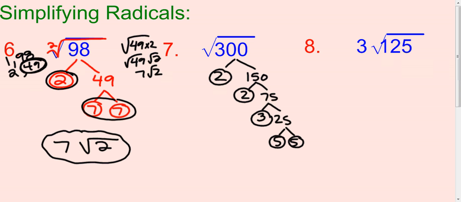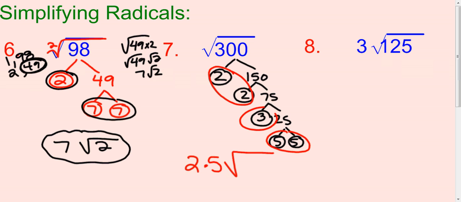So now you can see, again, I've got this house that's in a scary neighborhood. In order to leave the house, you have to be in a buddy system. So I have a pair of 2s that can go outside the house, and I have a pair of 5s that can go outside the house. And inside the house, I have this 3, okay? On the outside then, 2 times 5 will make 10, root 3. So that's one way to do it.